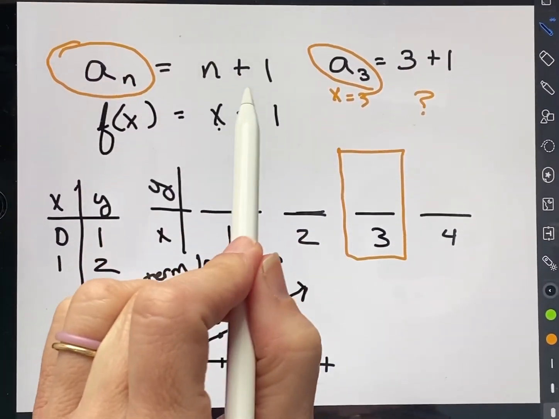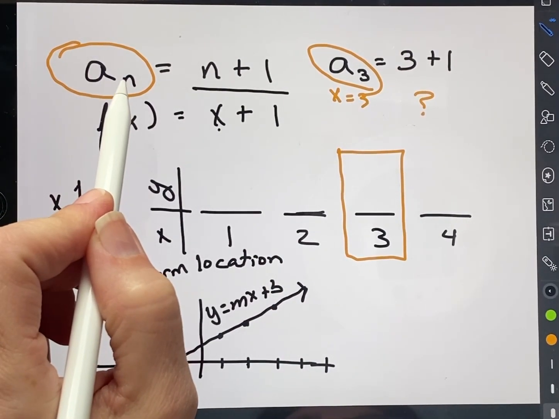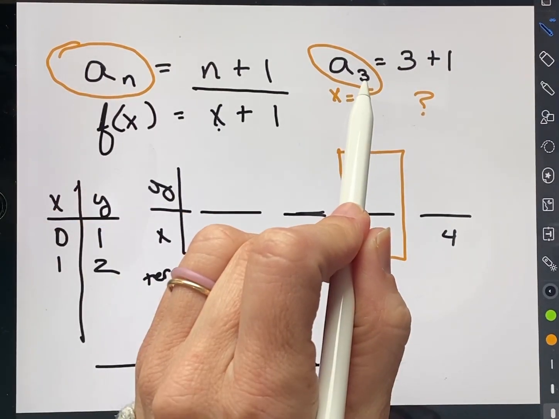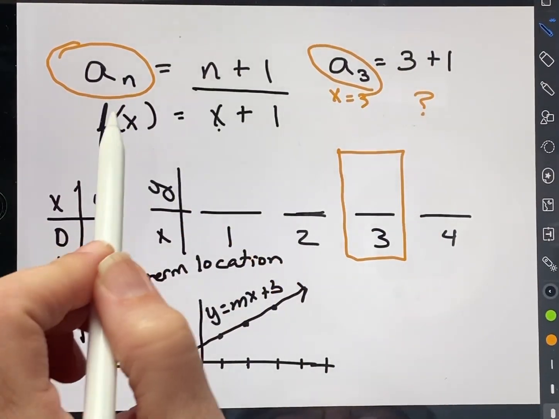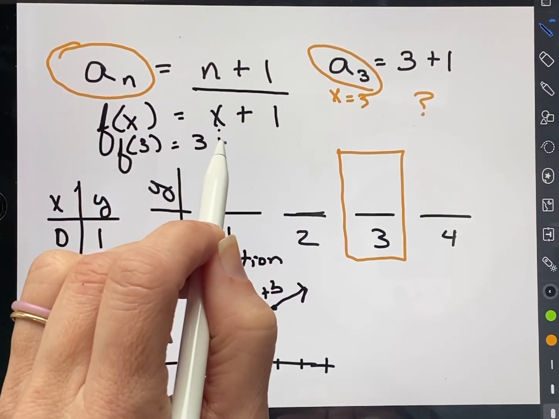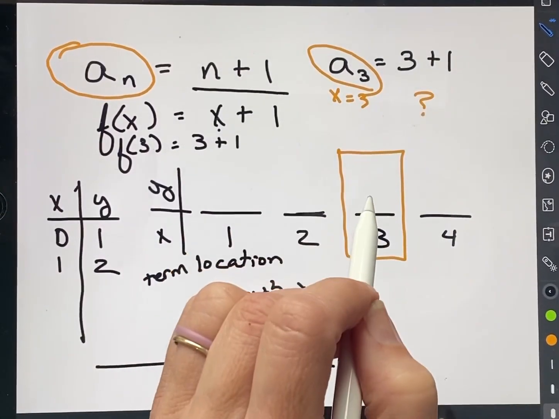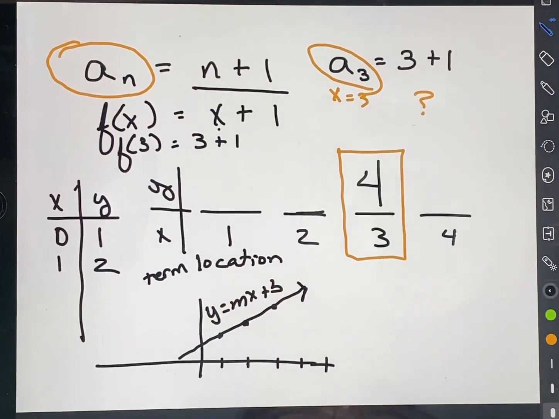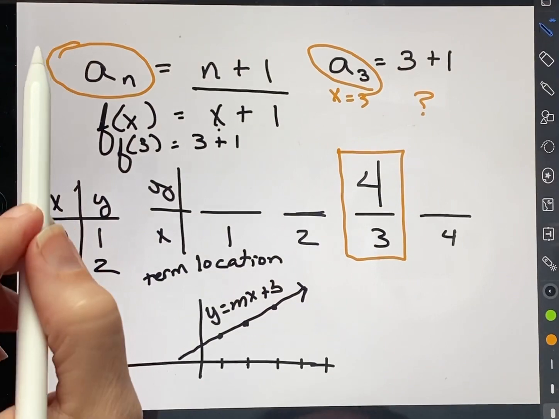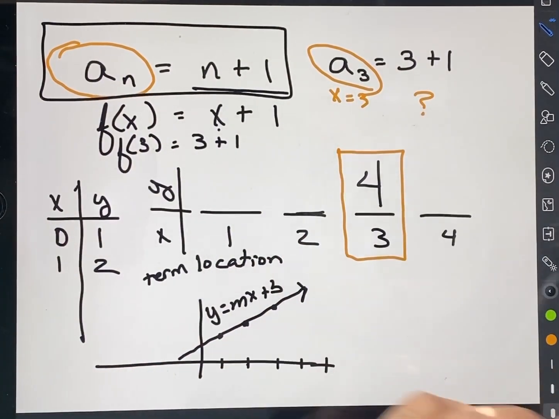Well, according to our expression here, whatever my n value, in this case was 3, I'm going to plug that value in. So if I rewrote it as f of 3, we would say 3 plus 1. So I've got n plus 1, 3 plus 1. So my value at this third location would be the number 4. And we would be able to use our expression here to find any value along that sequence.